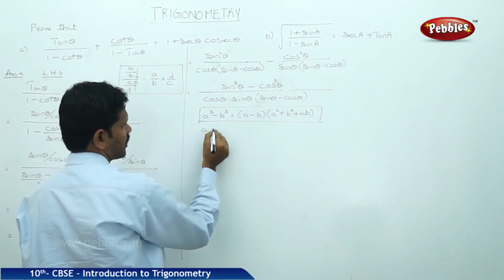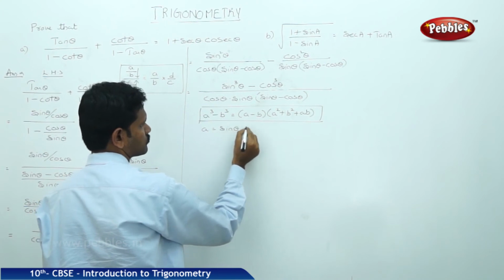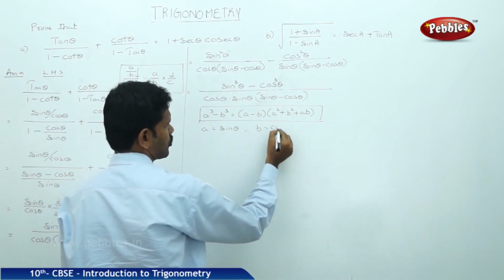Now who is a? Sin theta. Who is b? Cos theta.